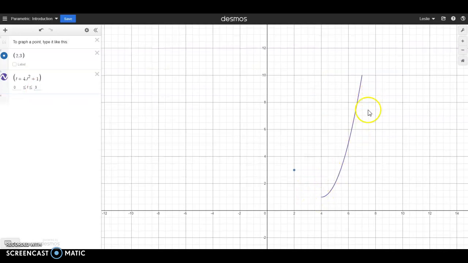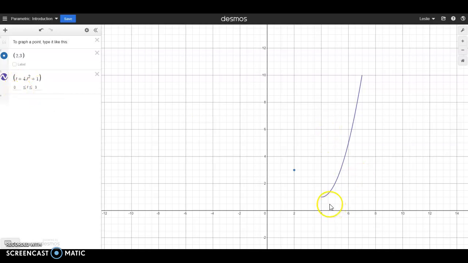So this is the piece of the graph that I got when I graphed it by hand. But there, I let t vary from 0 to 3, and I plugged t in to get various points. In this case, Desmos is interpreting all the values for t between 0 and 3.